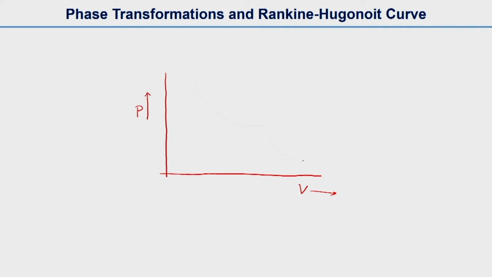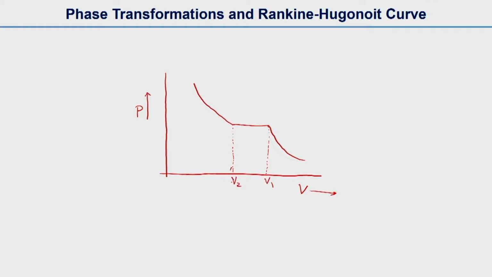So we are drawing a phase transformation isotherm on a PV plane. The isotherm will look something like this. So here is this constant pressure zone, V1 V2.